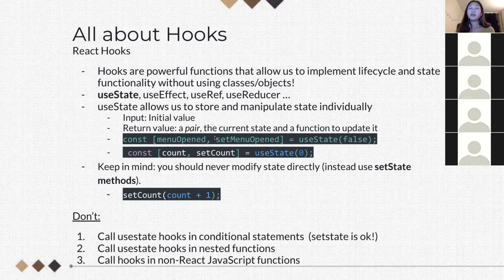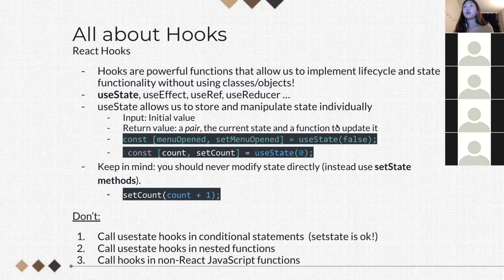But the value to the right is actually a function. This function is what's used to update it. As you can see in the example here, this is one way in which you can update your original value. You do setCount plus 1.